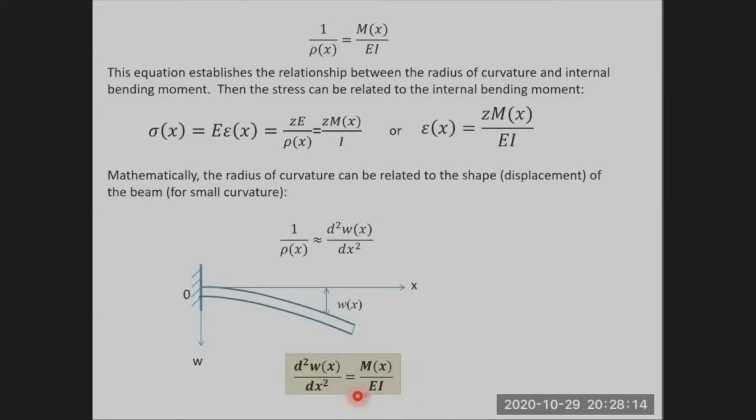Remember that our initial goal is to calculate W, the displacement of the cantilever beam or the shape of the cantilever beam. Now from this equation, we can see that we can calculate W if M(x) is given. So this is how we calculate W(x).